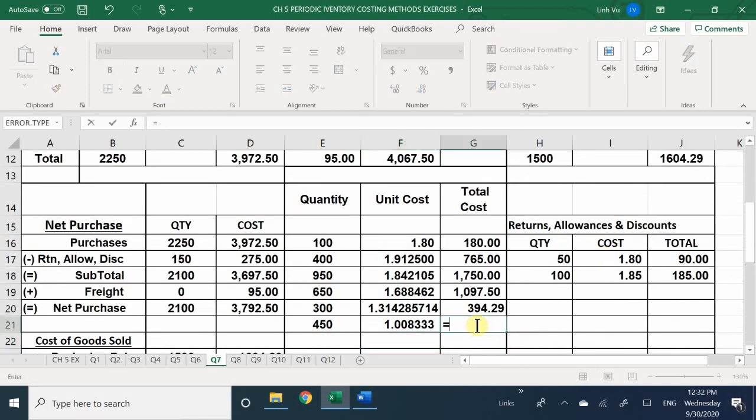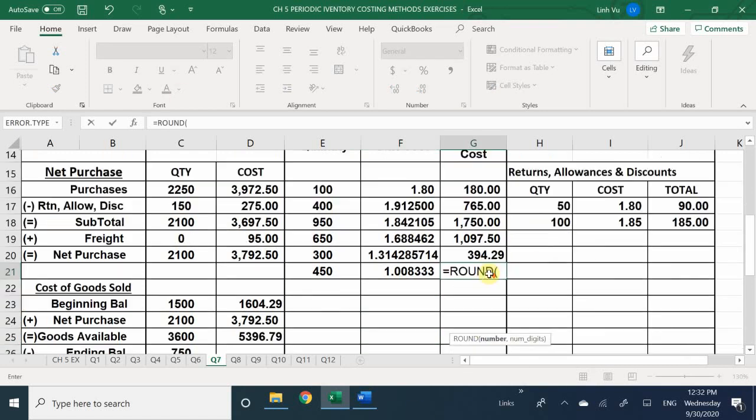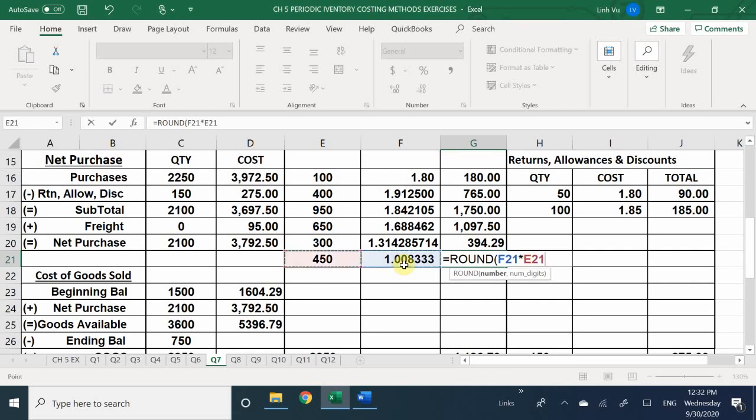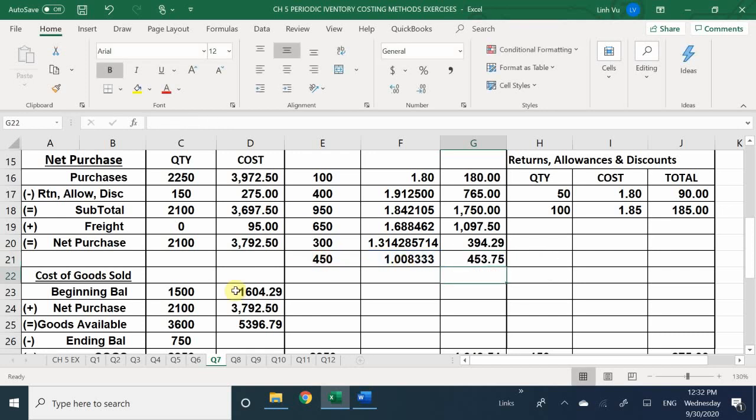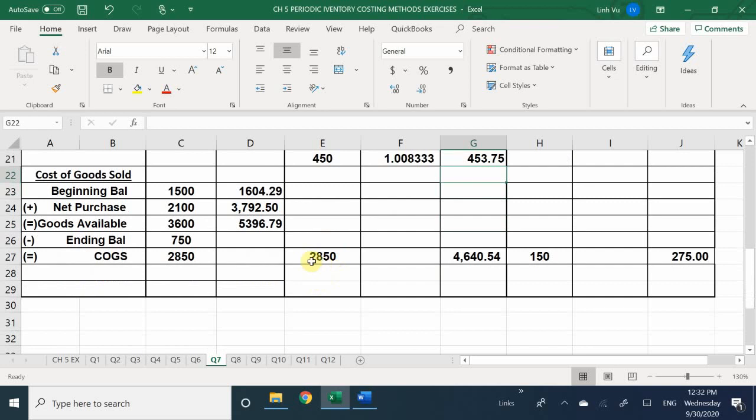Okay, we're going to apply our equal round formula to get us a grand total, with 2 decimal places, of $453.75 each, which if we total it up, meets my requirement of $208.50, and the total cost of it is going to be $4,640.54, which we can grab from here.